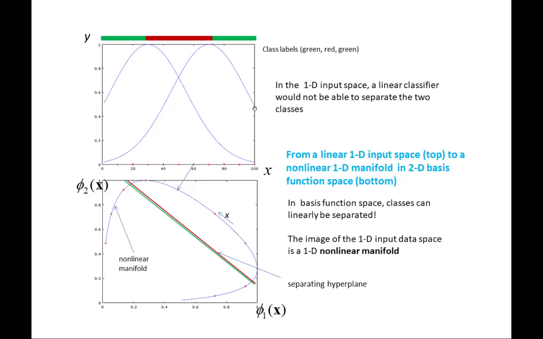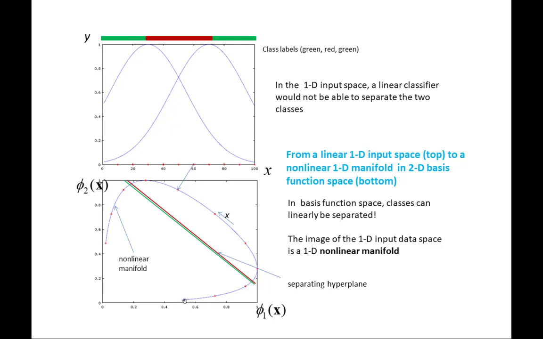And now we plot it into the phi space. So this is the space from x to y. This is the space of phi 1 of x and phi 2 of x. And if we move from left to right, the outputs of the basis functions behave like this. So they lie on this strange looking, what is called a manifold. So let's see. If x is very small, then phi 2 is very small, and phi 1 is in the middle.